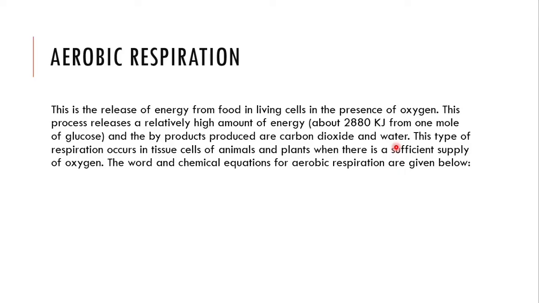So the main thing that is needed in this process is energy, but the byproducts, the things produced in the process of making energy, are carbon dioxide and water. My student, whenever you hear the term byproducts, just know that these are things that are produced but are not needed.